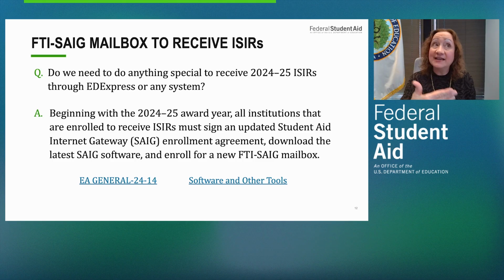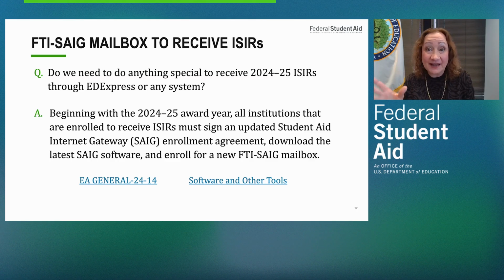Now, you will sign the updated agreement and enroll for a new FTI SAIG mailbox on Federal Student Aid's SAIG enrollment site. Every partner enrolled to receive ICERs must also install upgraded SAIG software to continue receiving ICER data or to begin receiving ICER data. Now, Electronic Announcement General-2414 provides instructions on how to download the software.